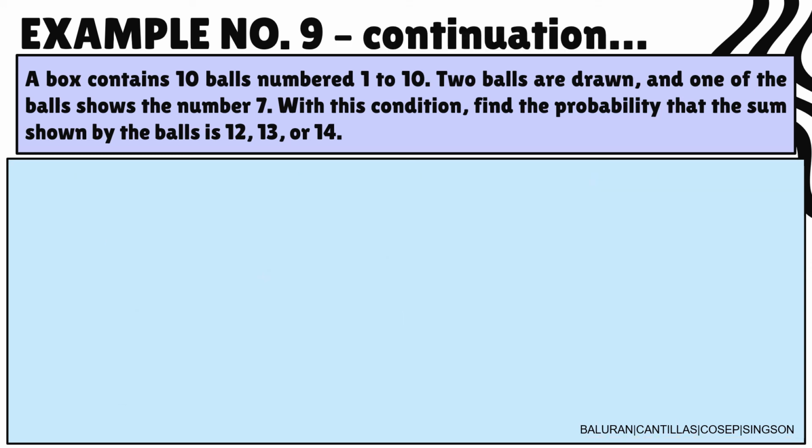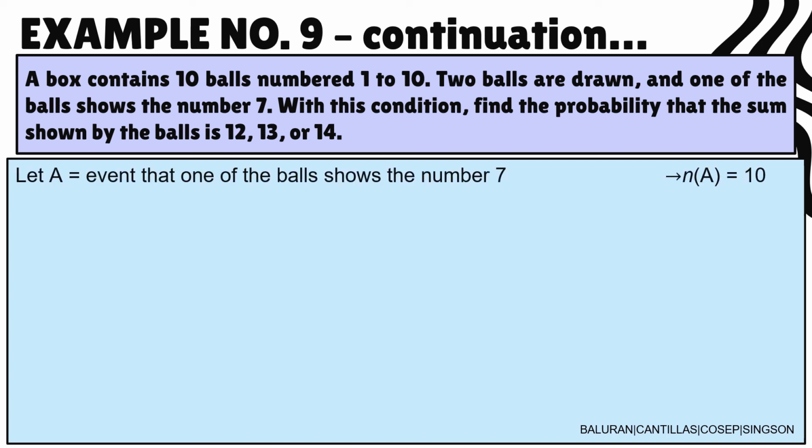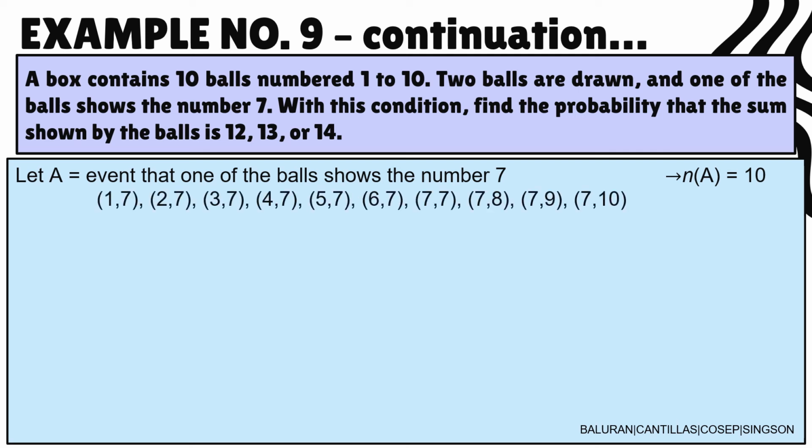After identifying the sample space in the given problem, we will denote the following. Let A be the event that one of the balls shows the number 7. So first, we have to list it down. We have 1,7; 2,7; 3,7; 4,7; 5,7; 6,7; 7,7; 7,8; 7,9; and 7,10.